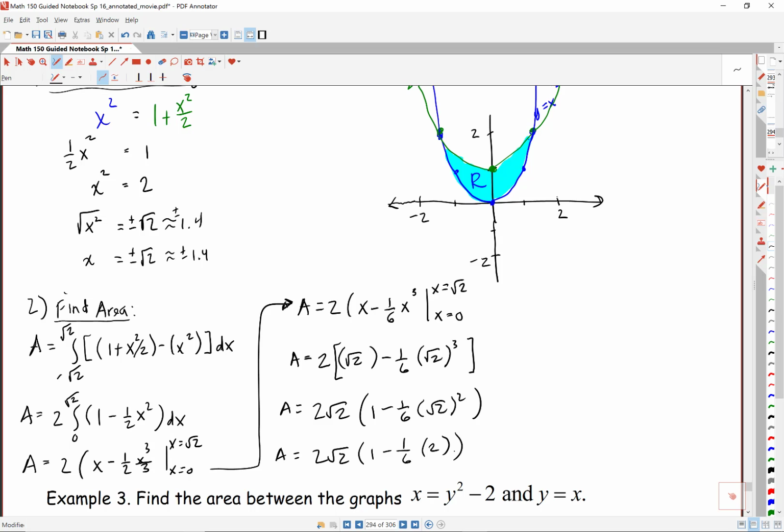And continuing, we'll have the area is 2 times root 2, and 2/6 is 1/3, so 1 minus 1/3 is 2/3. So at the end of the day, we will get 4 root 2 over 3 square units. And you're all done.